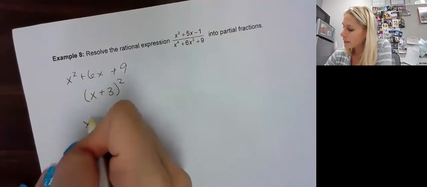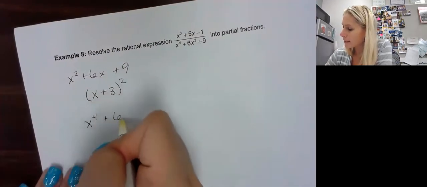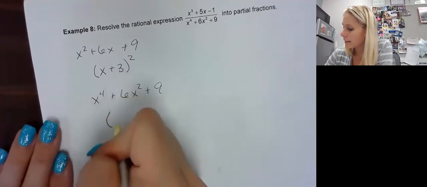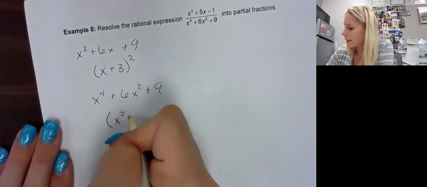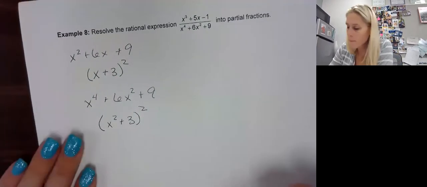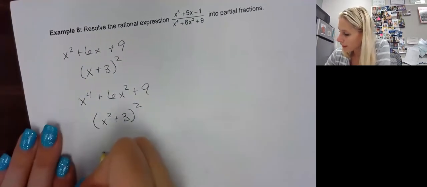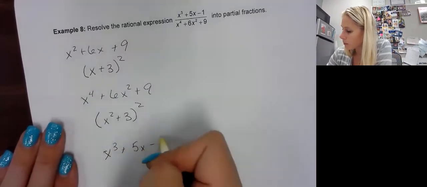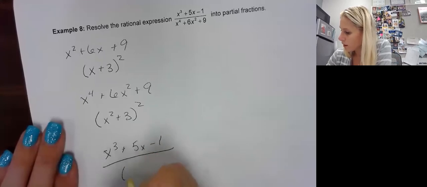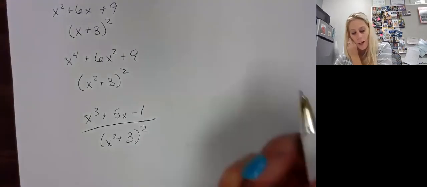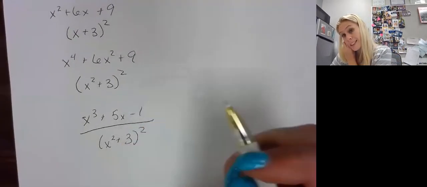So when we have x to the 4th plus 6x squared plus 9, you need to realize this is x squared plus 3 squared. Okay, so when we look at this, we're looking at x cubed plus 5x minus 1 all over x squared plus 3 squared. And so when you look at the factors here, guys, it's multiple and it's x squared.